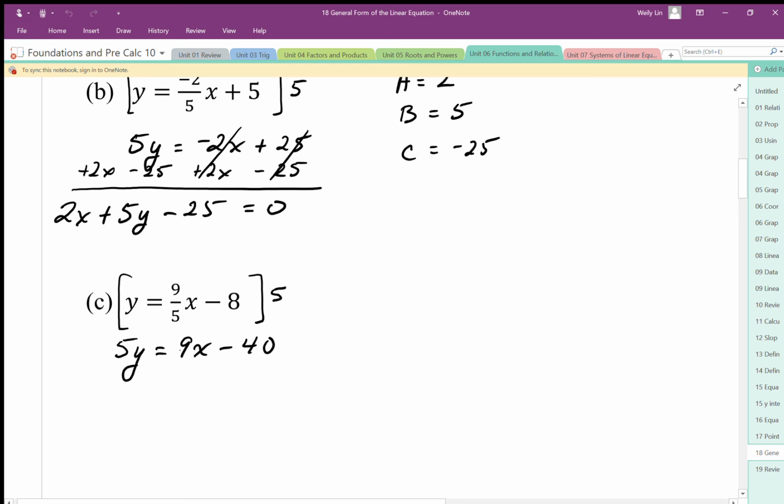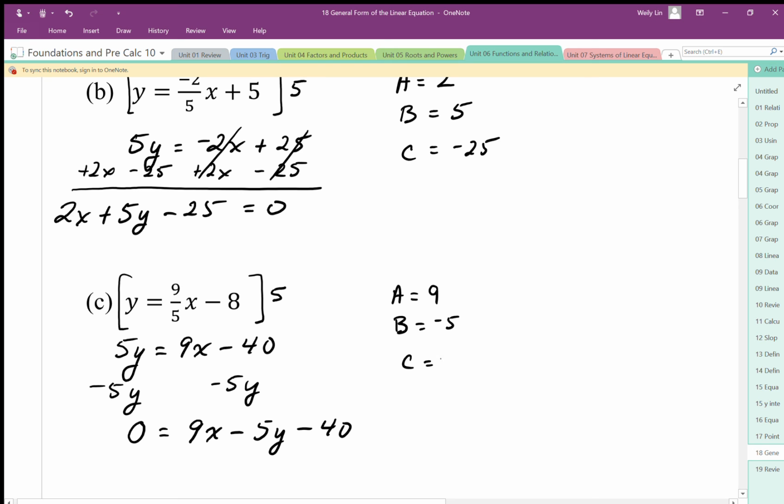I'm going to then keep my x coefficient positive, which means I'm going to move the y to this side. So there's my equal to 0, 9x minus 5y minus 40, and I can identify my a coefficient as 9, my b as negative 5, and my c as negative 40.